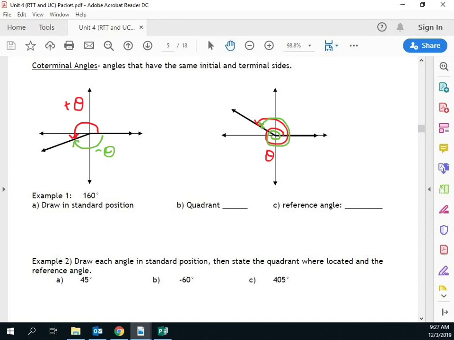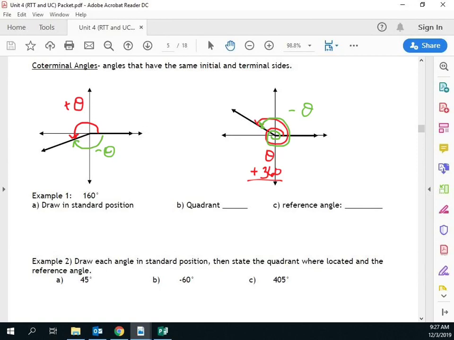So I'm using it overlapping, but you get the idea. We could also go a full circle around. If that's the case, guys, you're actually adding, well, how many degrees is it completely around a circle? 360. So we could say plus 360. Tell me what the angle is and add 360 to it. You found a coterminal angle.